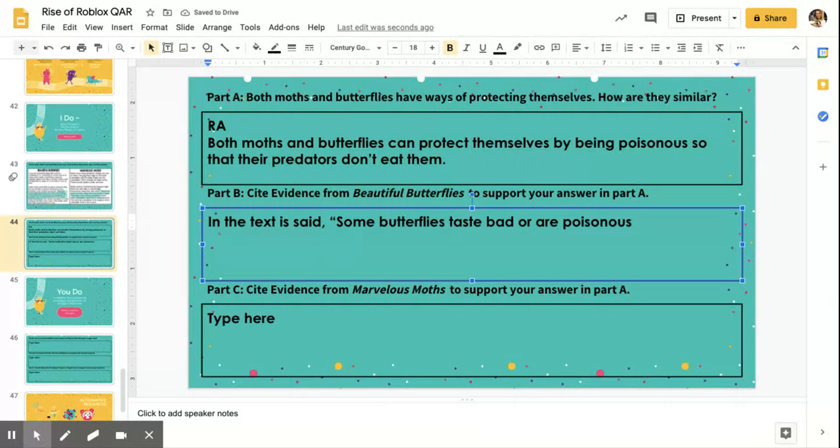If a predator eats a butterfly like this, it can cause them to throw up. All right, kiddos, this is word for word from the passage, okay?